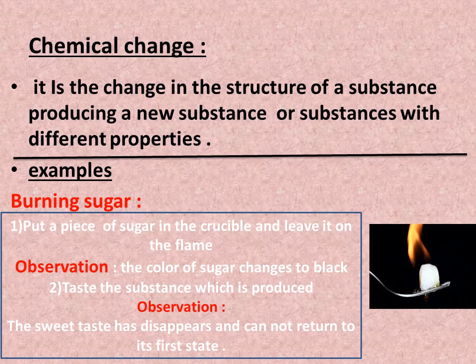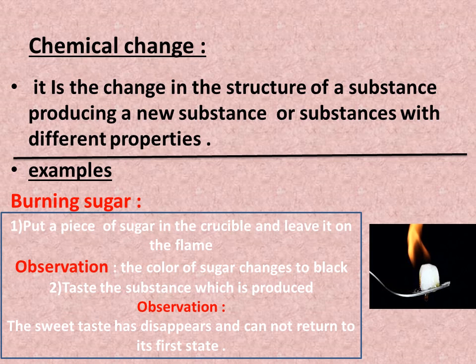It means that we have a new substance with new properties, completely different from the one we start with. So chemical change is the change in the structure of a substance producing a new substance or substances with different properties.